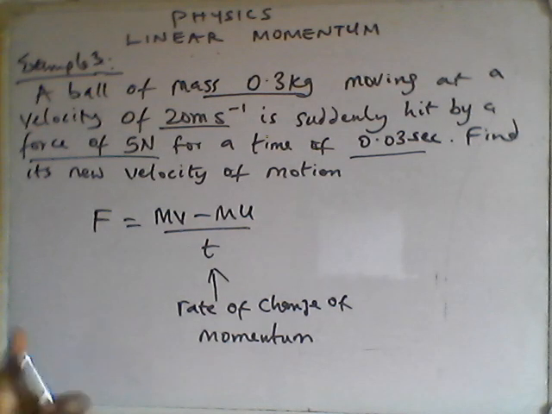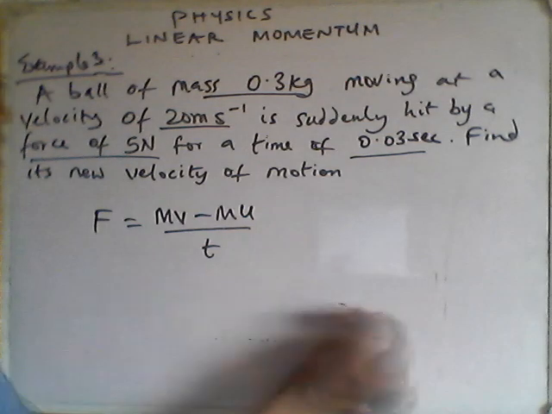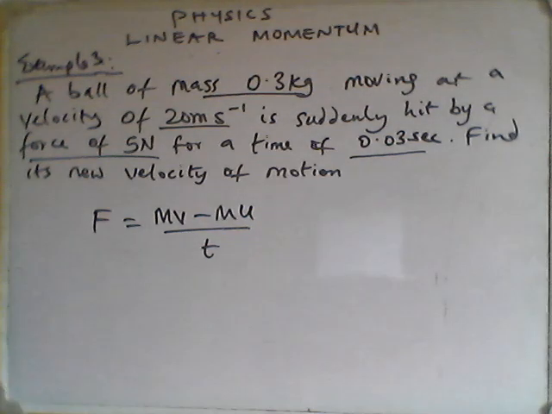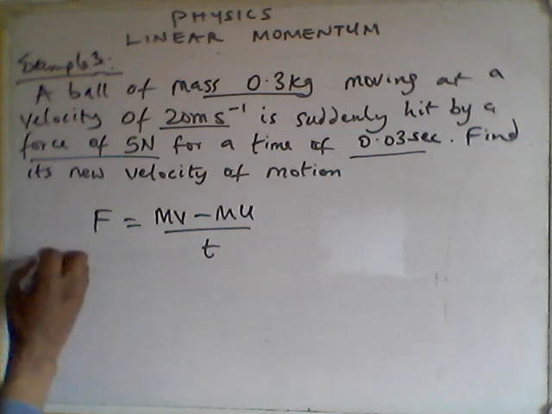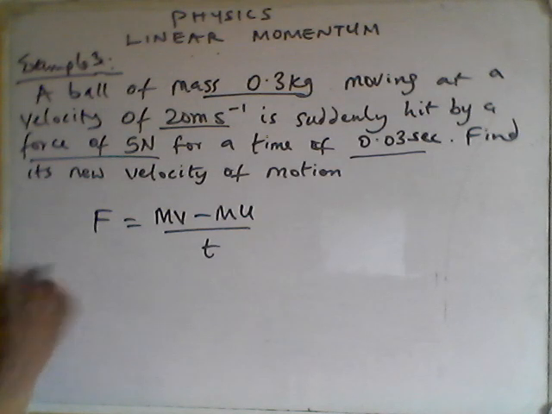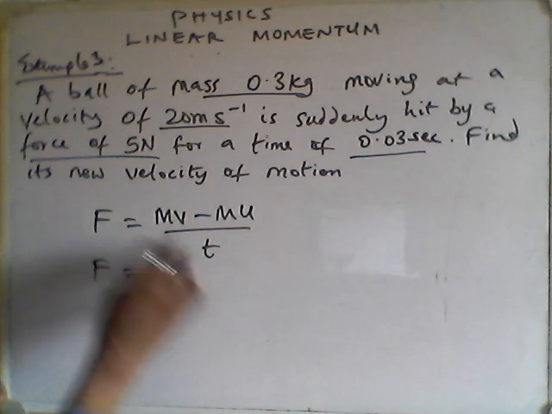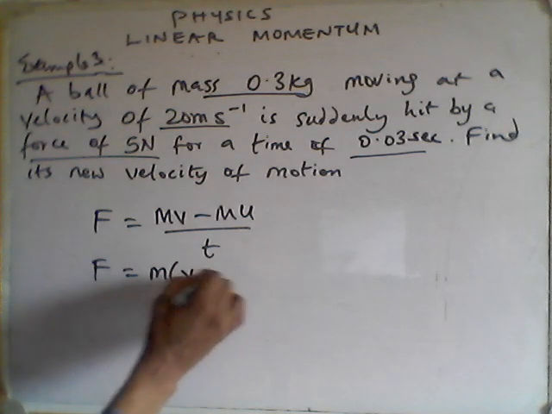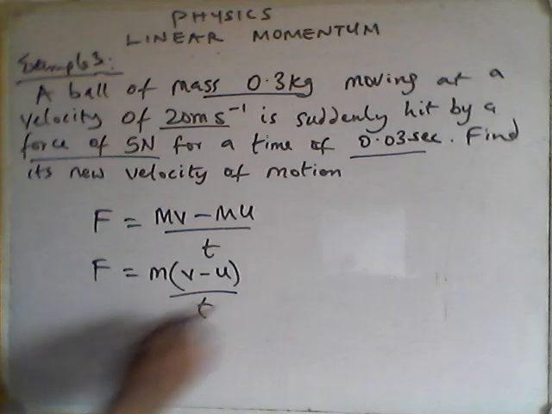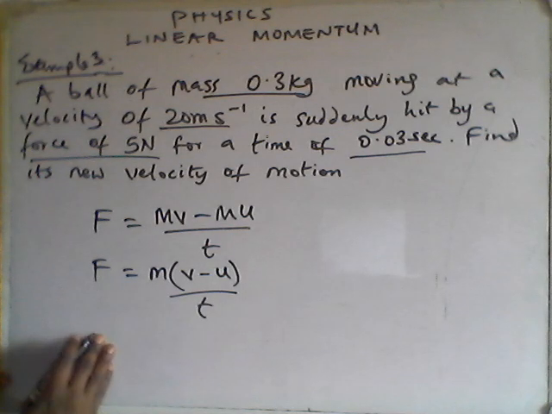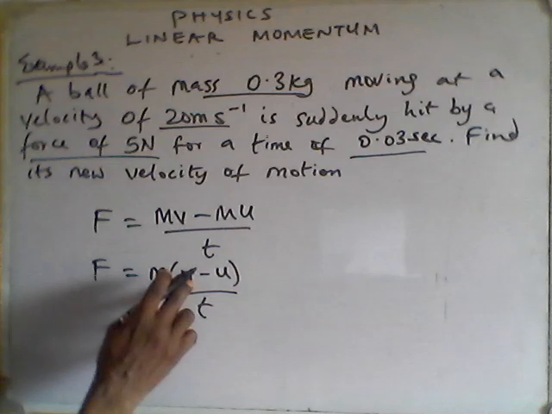So this is what we are looking at, and this is what we're going to be using for this particular question. So if I bring out my parameters, let me just simplify this. F is equal to m open bracket, m is common, right, v minus u all over t. I'm looking for a new velocity, final velocity v.